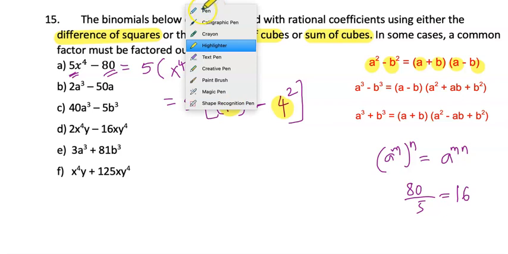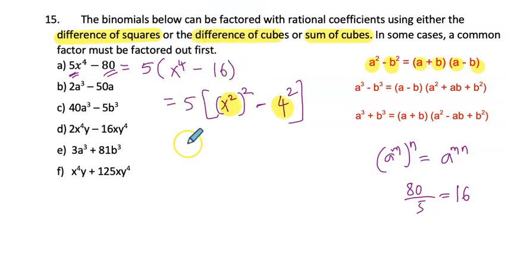Alright, let us see. So I will write 5 times a plus b, that is x square plus 4, correct? A is x square, b is 4. A plus b times a minus b. Again, my a is x square and my b is 4.